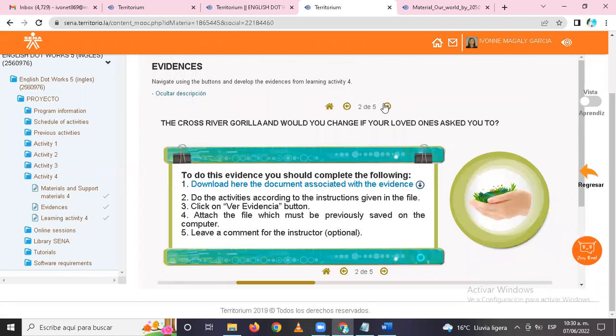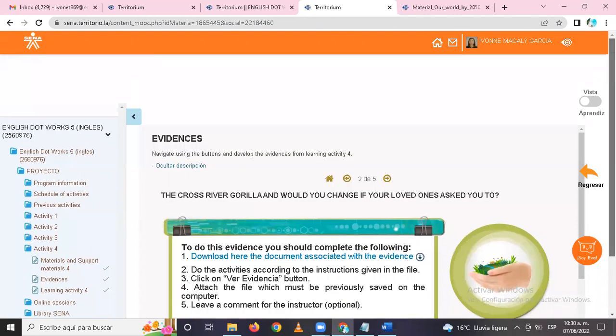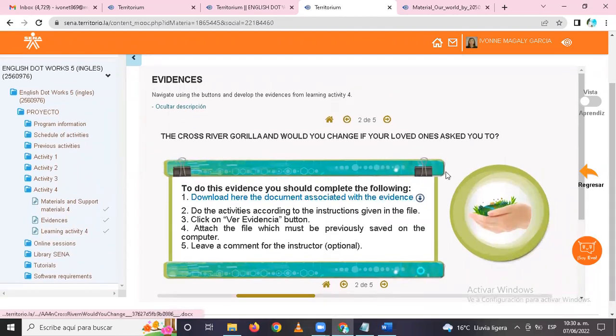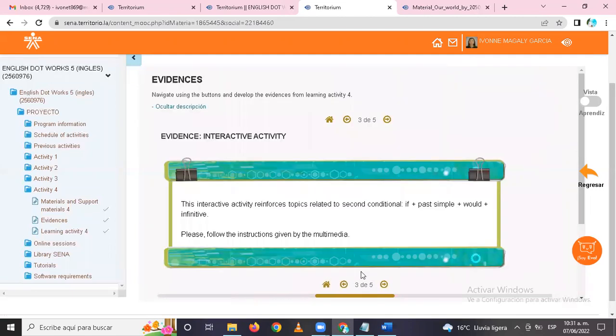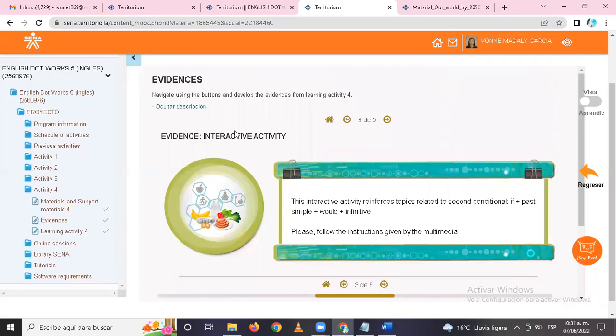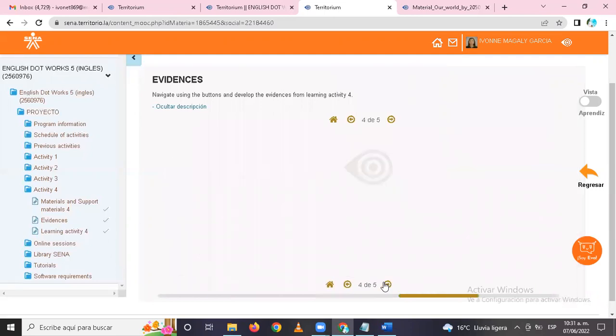Remember, here we have the link where you find the piece of evidence, the document you have to work on, and here the link through which you have to send the piece of evidence. Here we have the interactive activity.